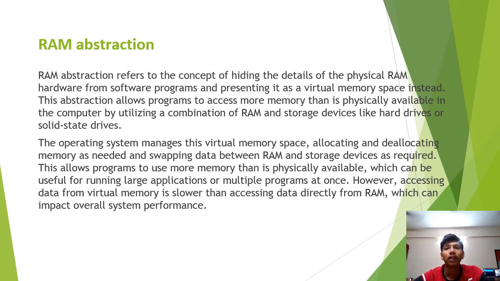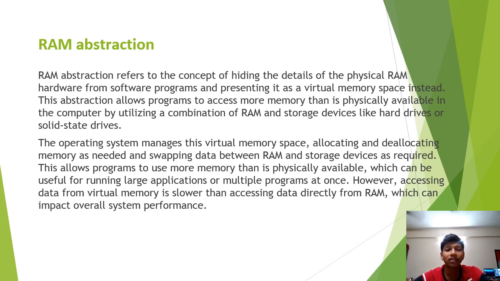RAM abstraction. It refers to hiding the details of the physical RAM from software programs and presenting a virtual memory space instead. The abstraction allows software programs to access more memory than normal by utilizing a combination of RAM and secondary storage spaces.